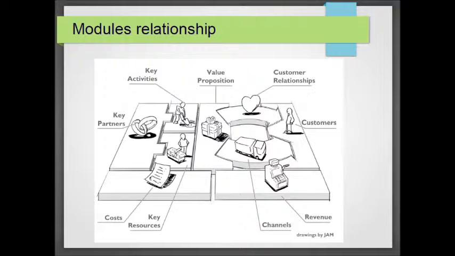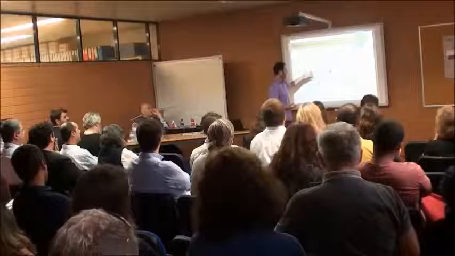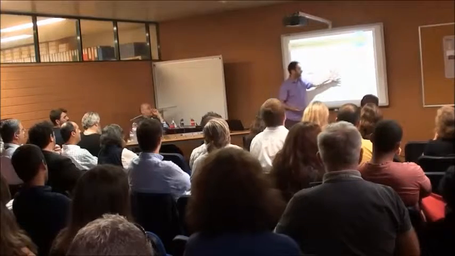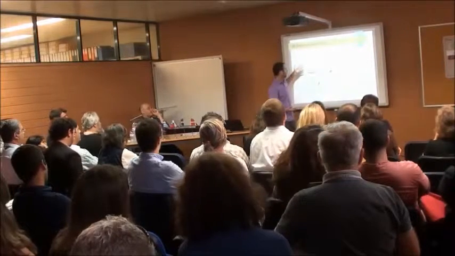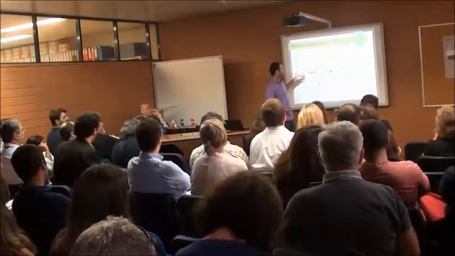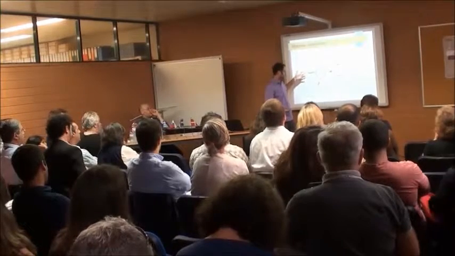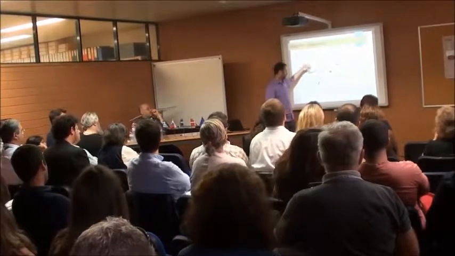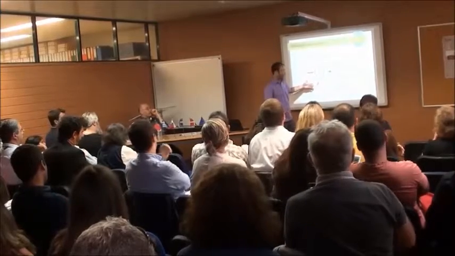All this is supported by the revenue stream that we get from the customers. On the left side, we have the activities and resources to maintain all these segments, along with the activities and resources provided by key partners, all of which have an inherent cost.